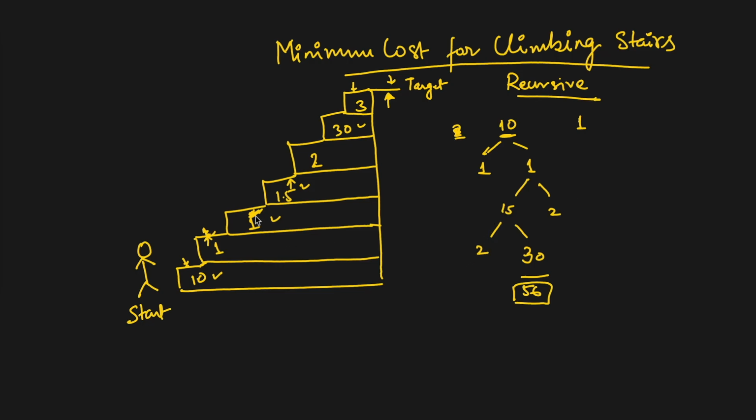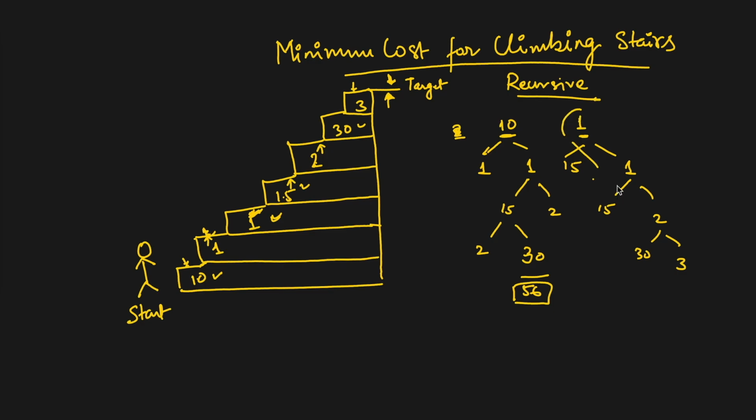So for example, if we are at 1, this one, we can go to 15 or we can go to 1. Let's say we go to 1, this one. Now we can go to 15 or 2. Let's say we go to 2, and then from 2 we can go to 30 or 3, and then we'll reach the target.